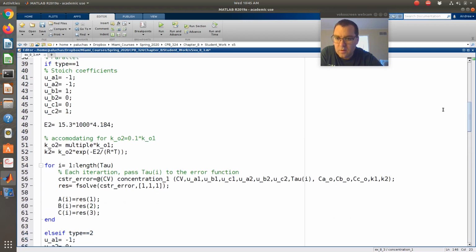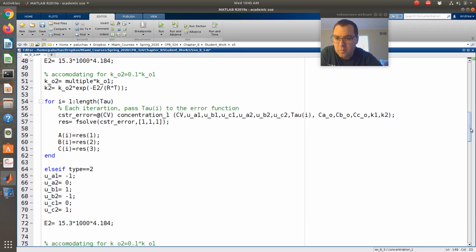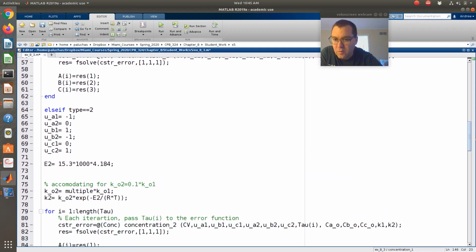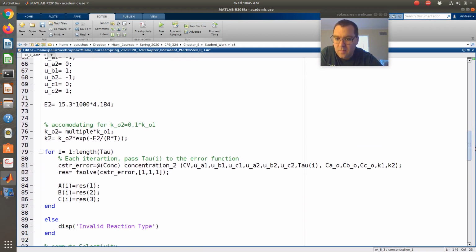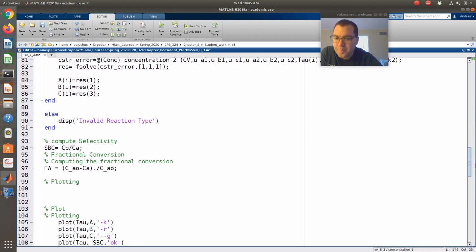Now I just need to keep track of where we are. Then you solve and pack up the results. Looks good. Not sure if 1, 1, 1 will work, but let's leave it. Then if it's type 2, presumably this is exactly the same, and so I won't bother looking at that with a fine-tooth comb.